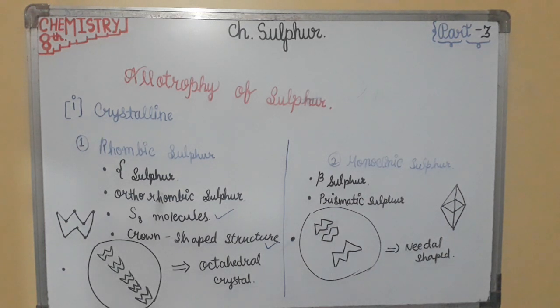Now there are some physical properties of rhombic and monoclinic sulfur. The color of rhombic sulfur is pale yellow, and the color of monoclinic sulfur is amber, that is golden yellow.